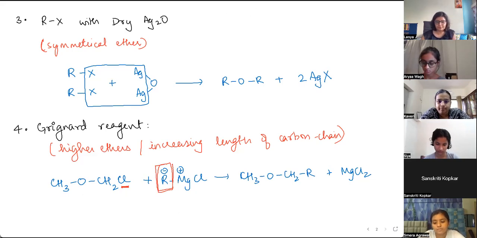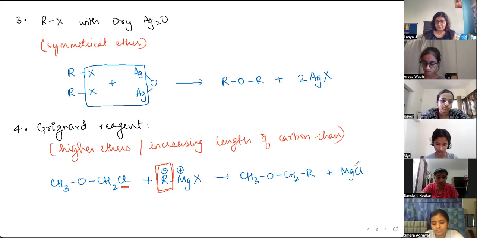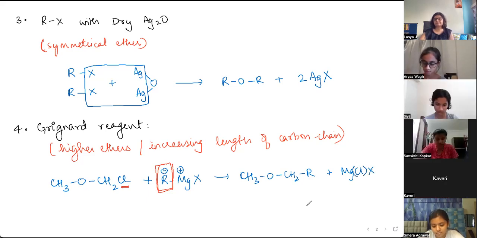Or if you want to make it more general, you can use any halogen here, RMgX. Instead of MgCl2, you get MgClX. Okay, so these are the preparation methods for ethers.